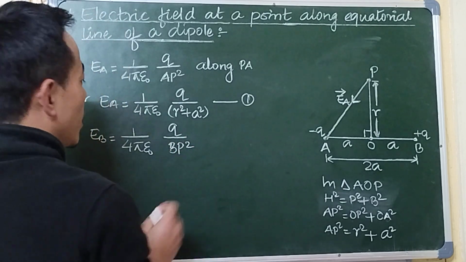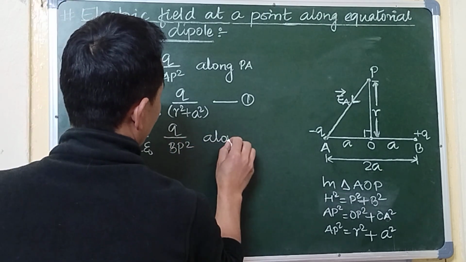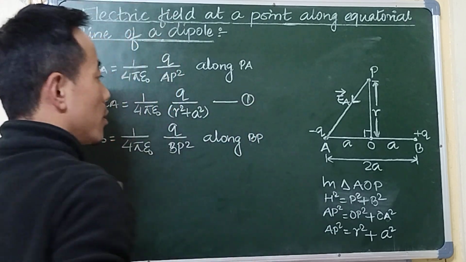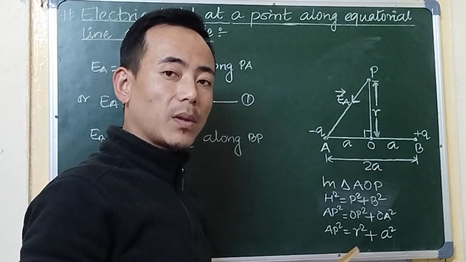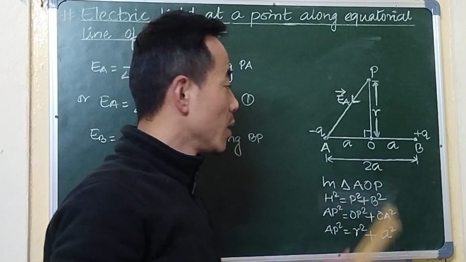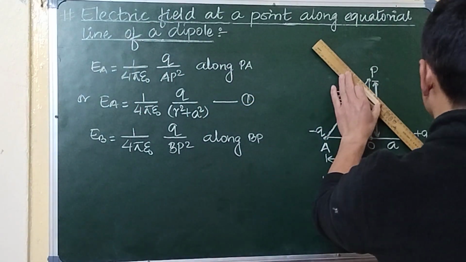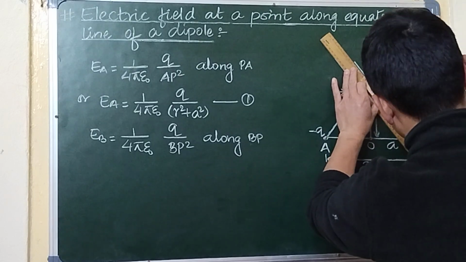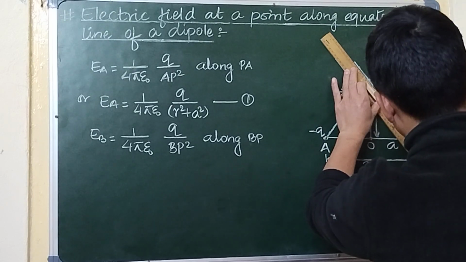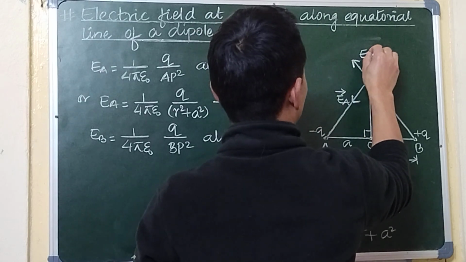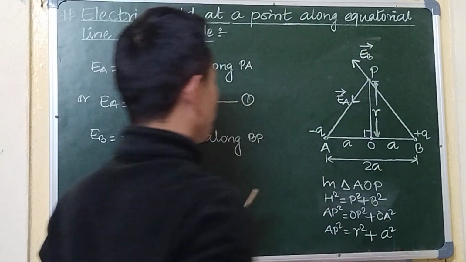So BP square, and the direction of this will be along BP, since we have a positive charge here, and for a positive charge the electric field is always directed away. So let's join these 2 points as well and extend this line a little bit. So this will be the direction of our electric field EB.